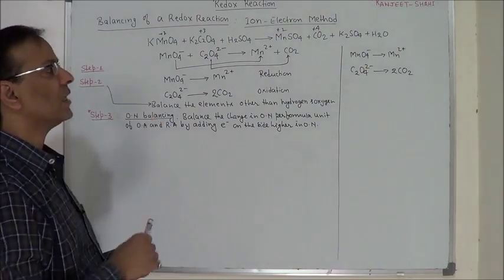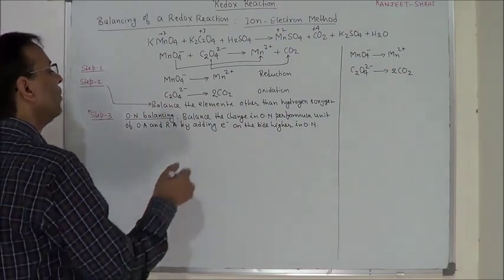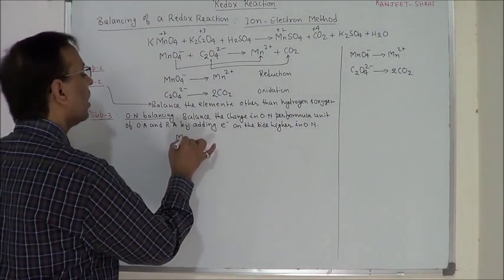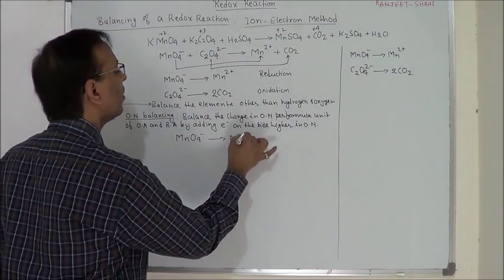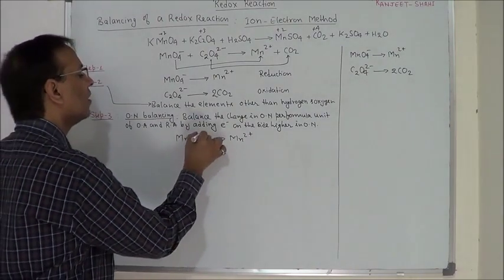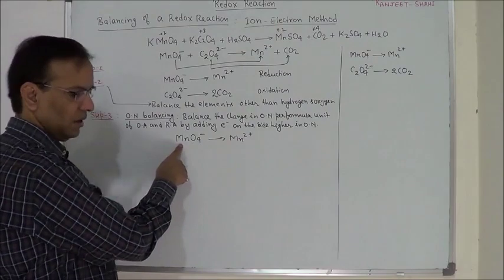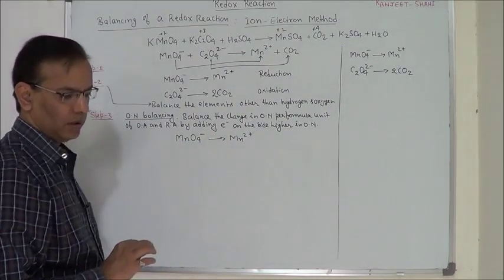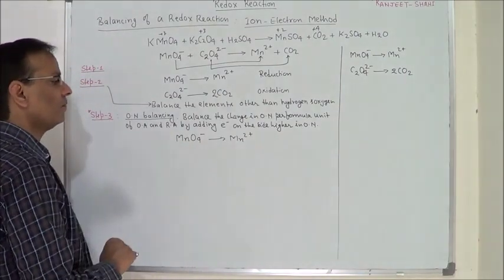If we take the first reaction of permanganate giving Mn2 plus, we see MnO4 minus giving Mn2 plus per formula unit, meaning for 1 unit of oxidizing agent, and in 1 unit of oxidizing agent we have 1 manganese only. So we have to find the change in oxidation number for 1 manganese.